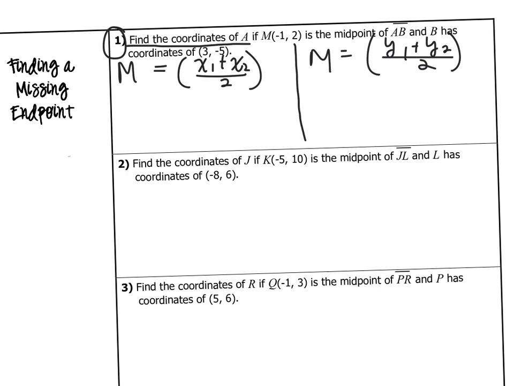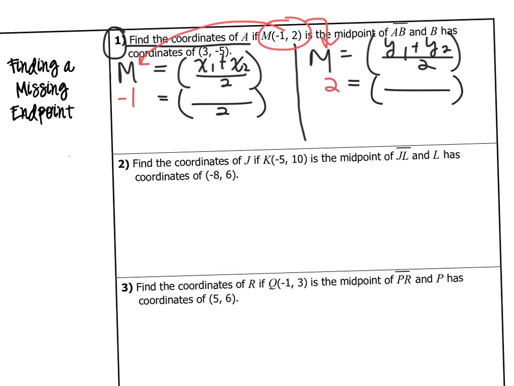So what I'm going to do now is just substitute the information given to me into the equation. So first thing I want to substitute is negative 1 for m on the left over here and 2 for y. I'm going to go ahead and set that equal to this quantity right here. So I'm going to now plug in the other values that are given to me.